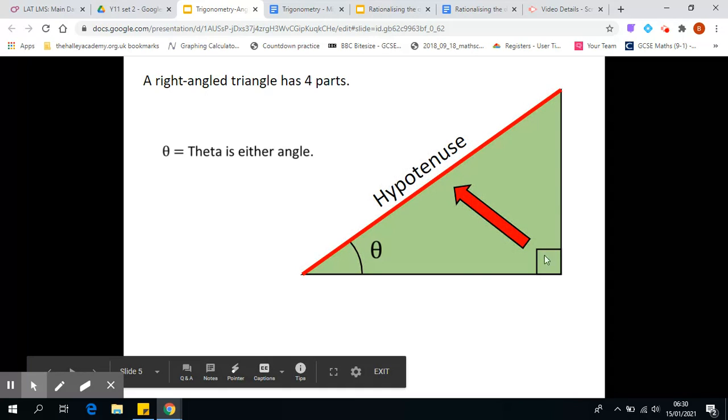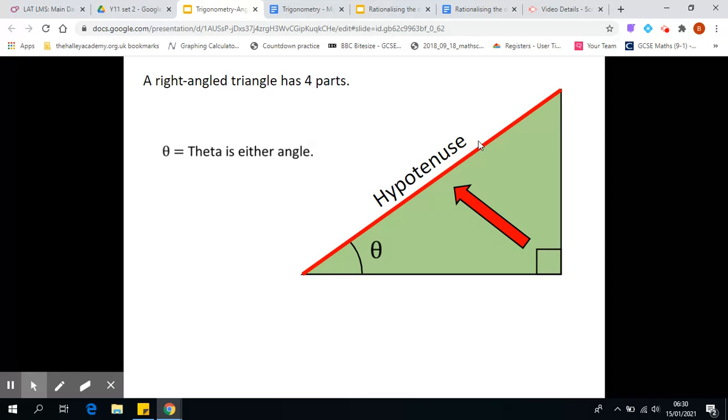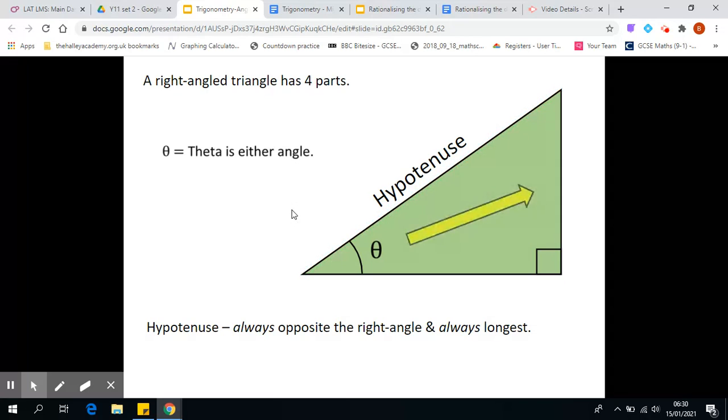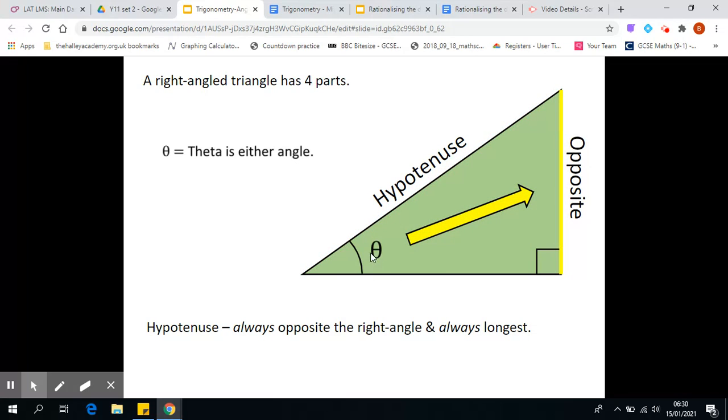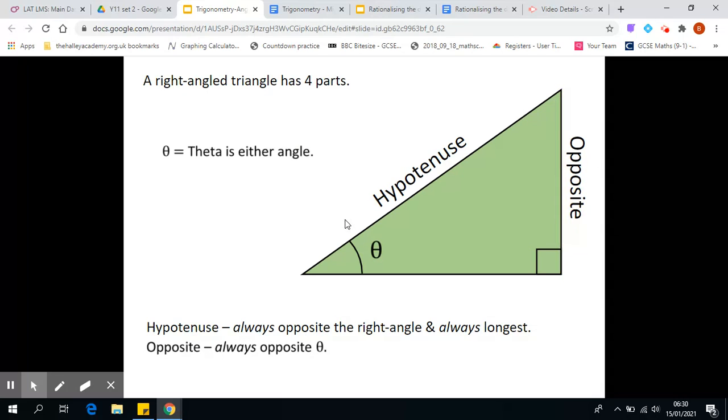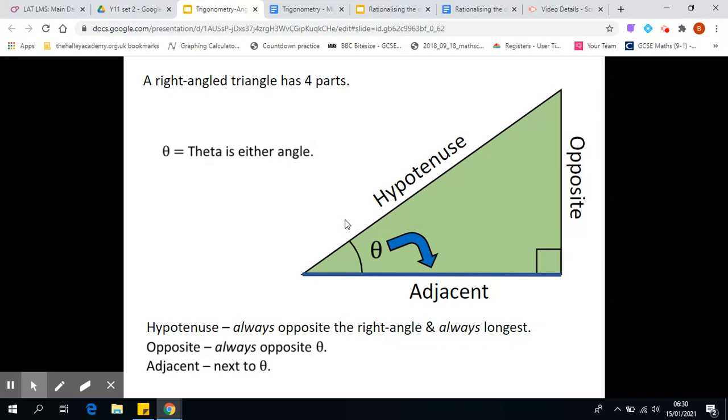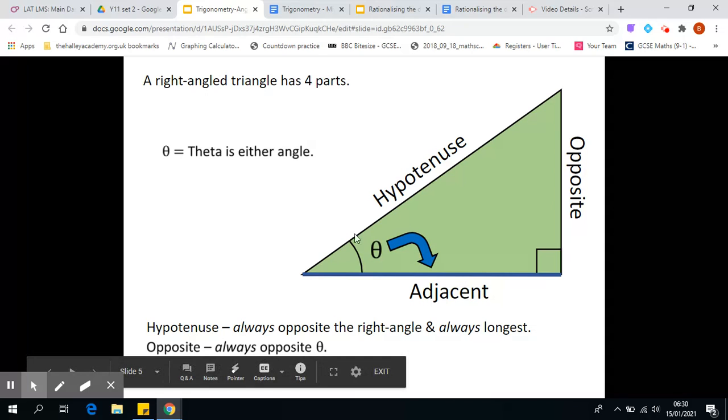Opposite to 90 degrees is the hypotenuse, and also the longest side. Opposite to theta is your opposite side, and the side next to theta is your adjacent side. Remember, the naming of the sides is given in slide 5 for your reference.